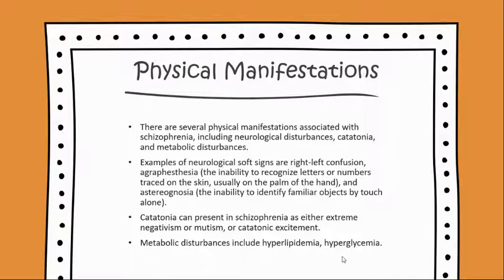Catatonia can present in schizophrenia as either extreme negativism or mutism, or catatonic excitement. Metabolic disturbances include hyperlipidemia and hyperglycemia.